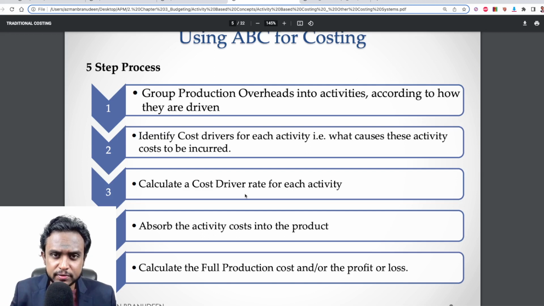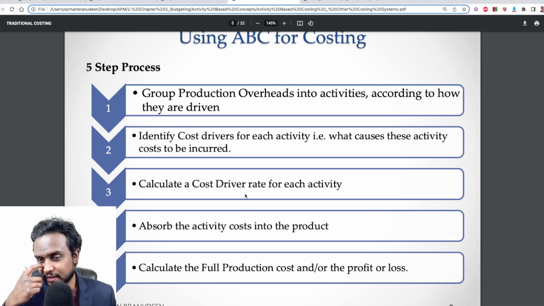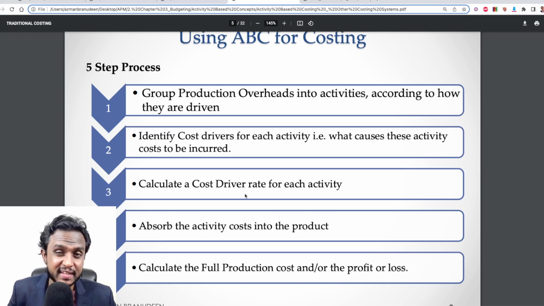So this approach gives you better visibility and a better breakdown, and you understand exactly why you're spending the money, rather than the traditional absorption costing approach, because that looks at overheads as indirect costs from a very broad view. You're using departmental OARs, overhead absorption rates, to absorb them into the products without really knowing the cause and where the cost is coming from.